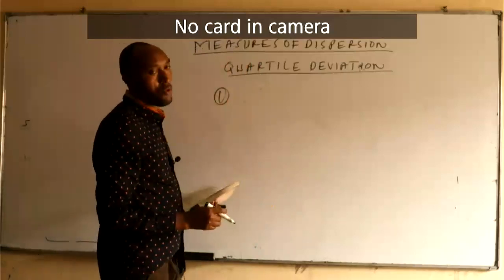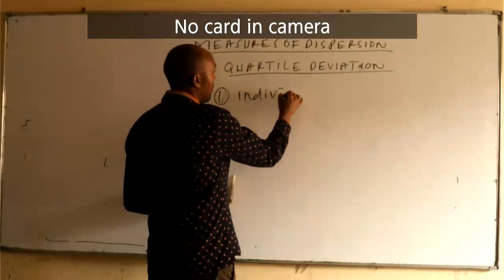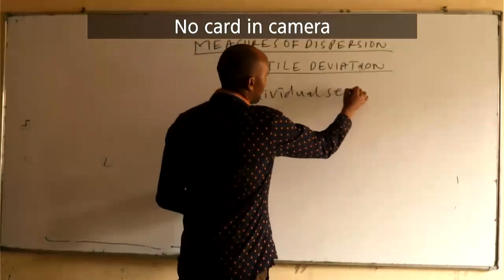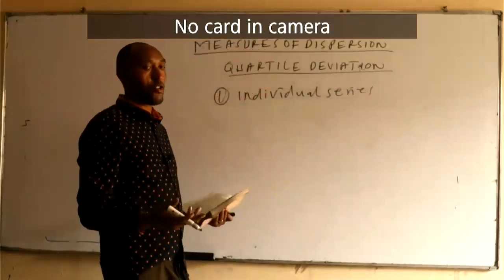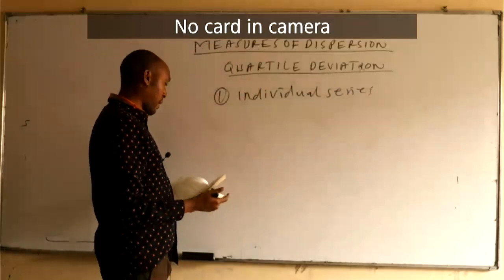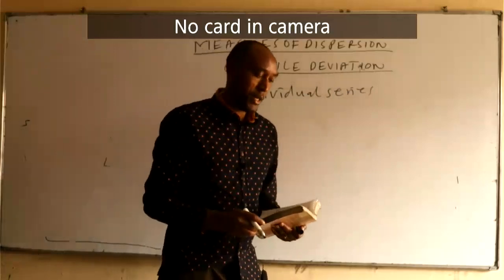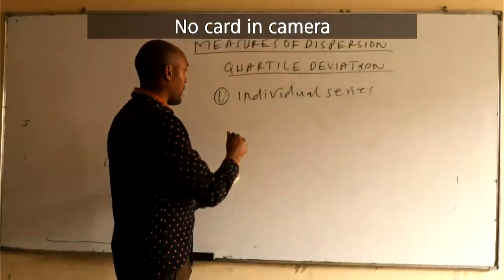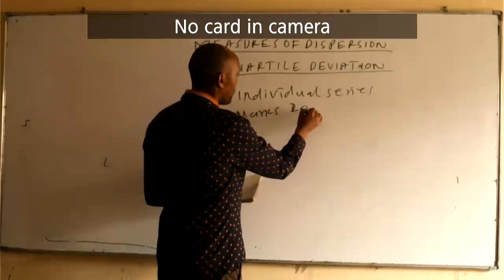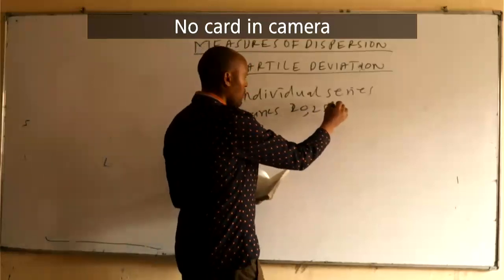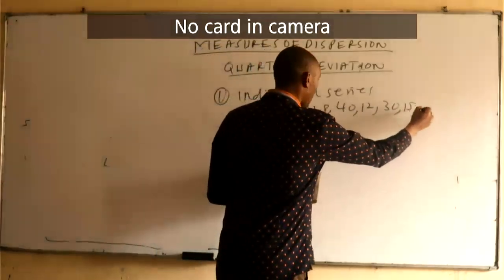The first question you can get is when we have an individual series. For example: find the value of quartile deviation and its coefficient from the following data: 50, 20, 28, 40, 12, 30, 15.